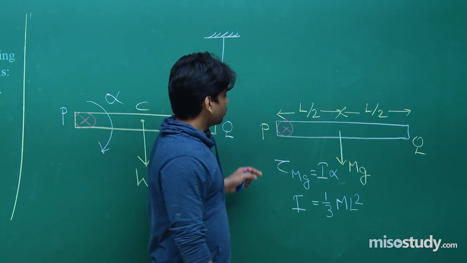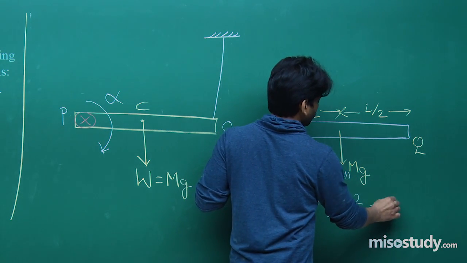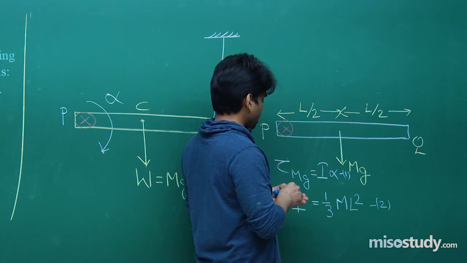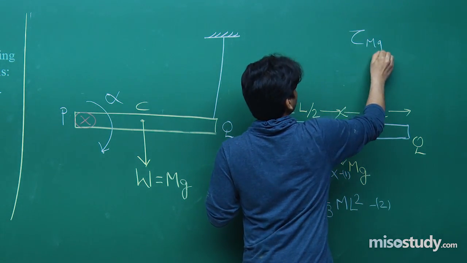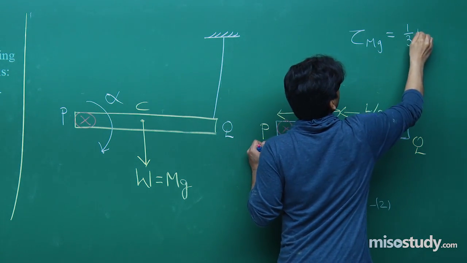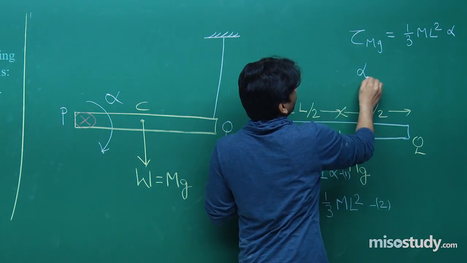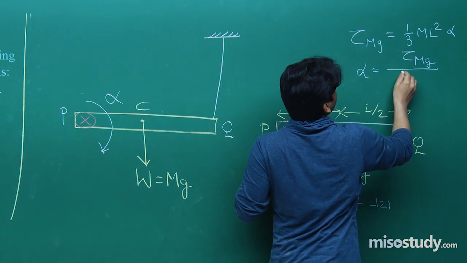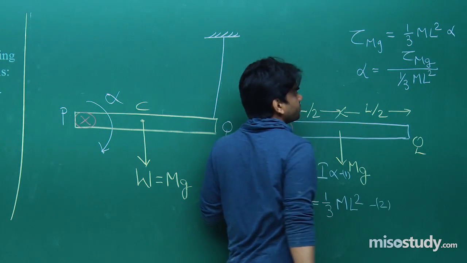Clear to you all? So we have equation number 1, equation number 2. Using this, we can write torque of mg equals I into alpha. So once again, torque of mg is equal to I into alpha, I is 1 by 3 ml square, into alpha. So alpha will turn out to be torque of mg divided by 1 by 3 ml square.